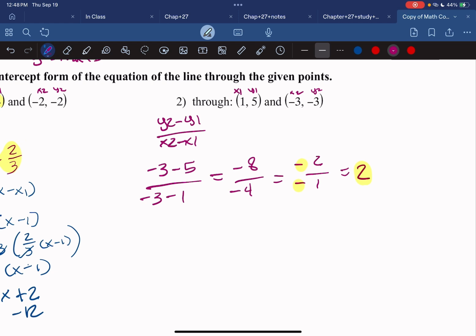In order to write this in slope-intercept form, we have to plug it into point slope. Point slope is y minus y1 equals m times x minus x1. Let's plug things in. I'm going to use these coordinates just because they're both positive, but you can use either. Y minus our y1, which is 5, equals the slope that we got, which was 2, times x minus our x1, in this case, 1.